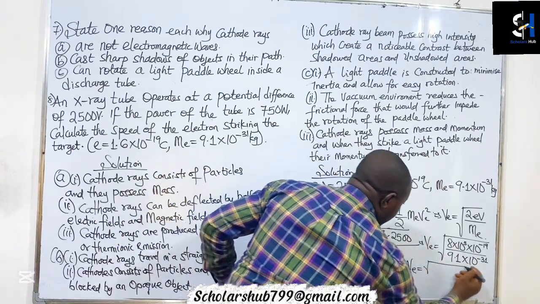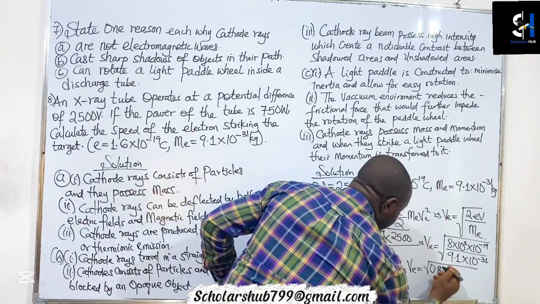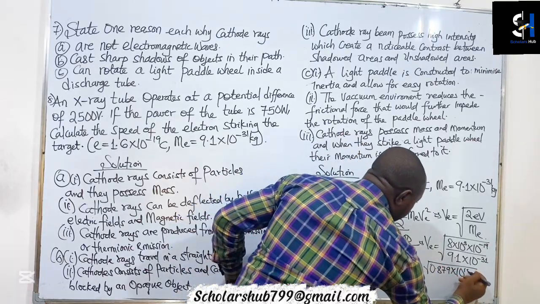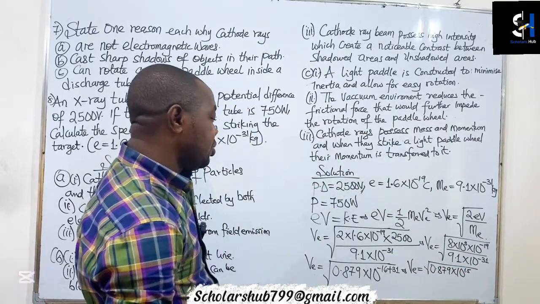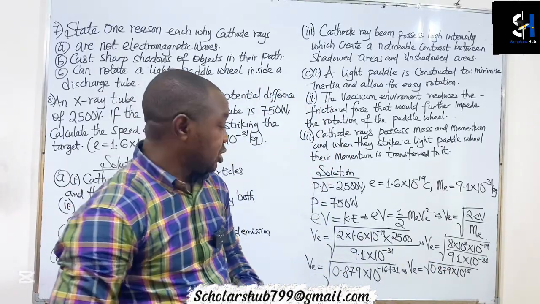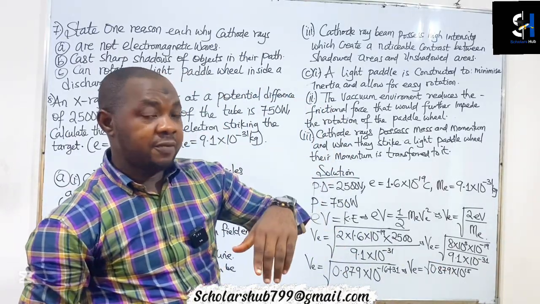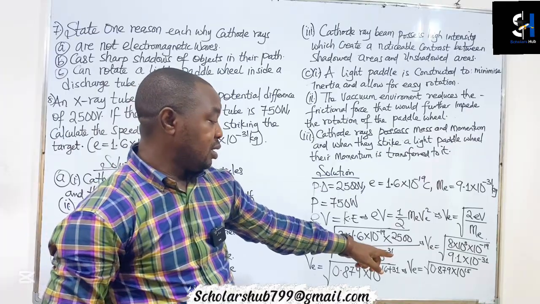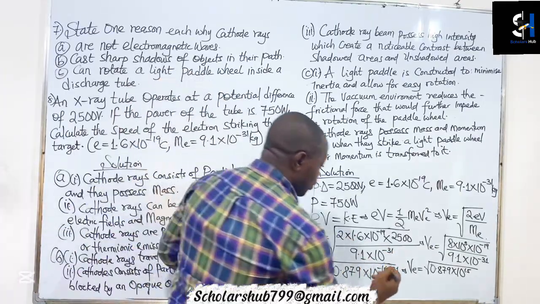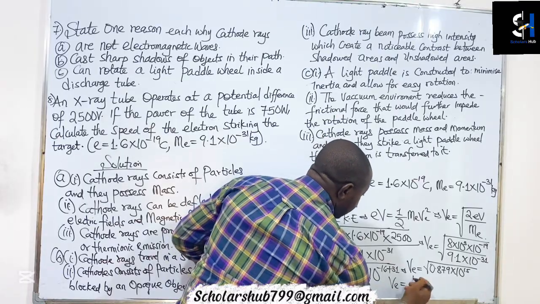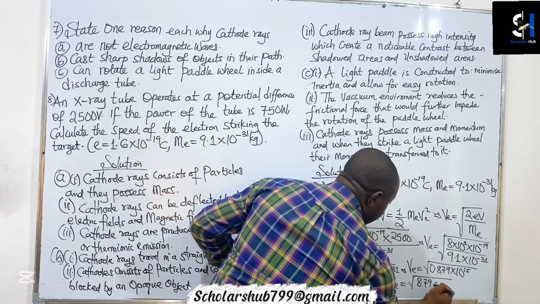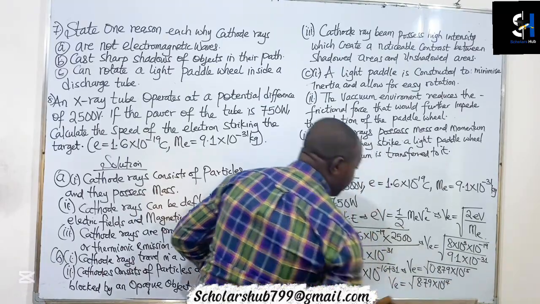So we're going to have the square root of 0.879 multiplied by 10 raised to the power of 15. Now I can write 10 raised to the power of 15 as 10 times 10 raised to the power of 14. So 10 multiplied by 0.879 will be 8.79. So the velocity of the electron will be the square root of 8.79 times 10 raised to the power of 14.